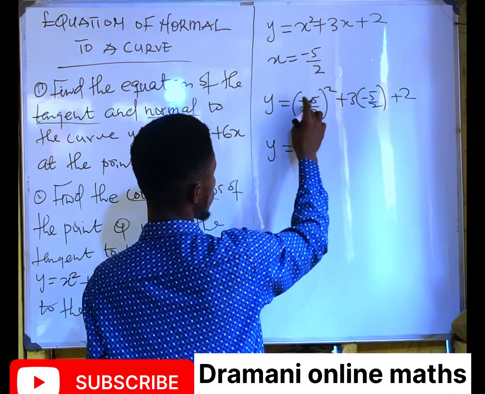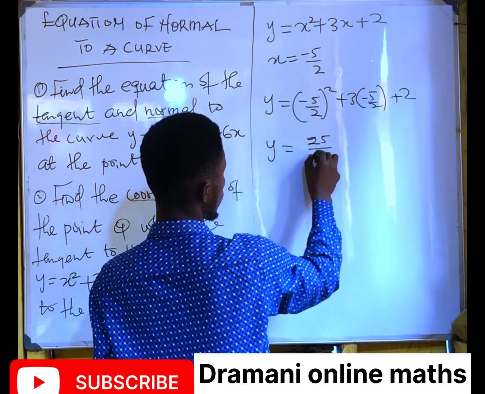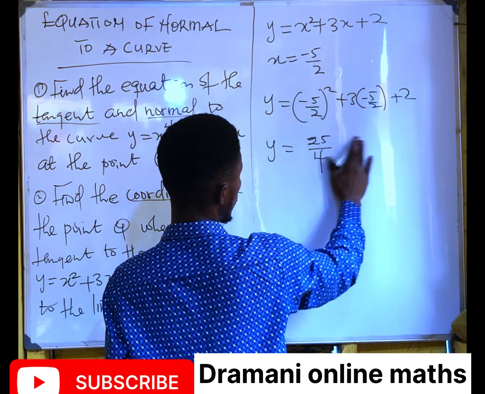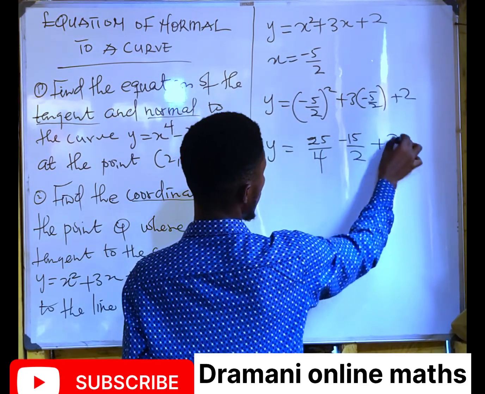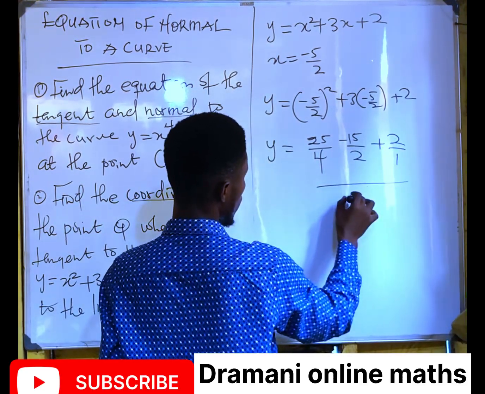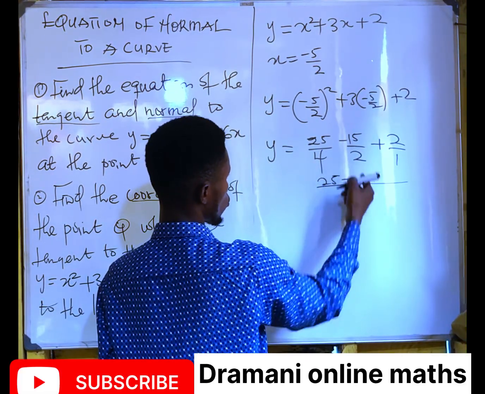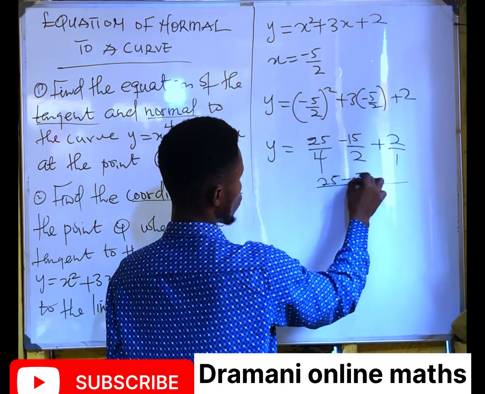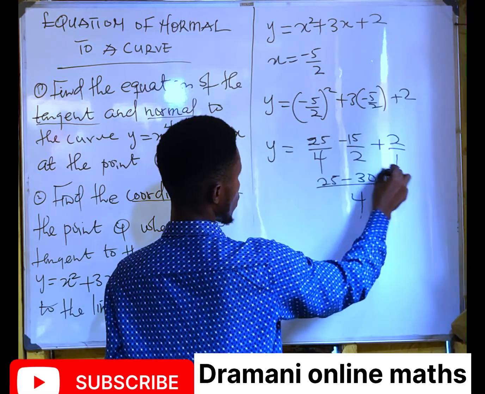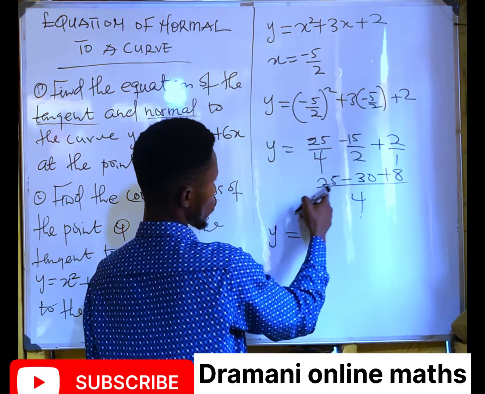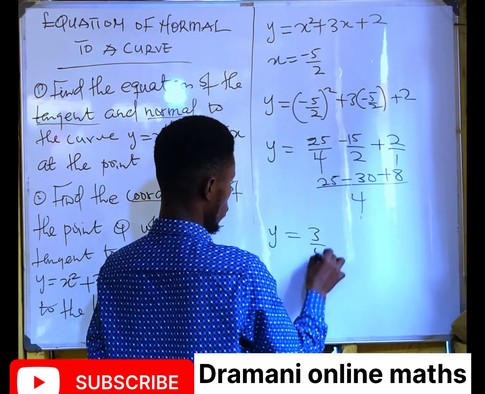So y will be equal to negative 5 squared, which will be positive 25, over 2 squared, which is 4, plus 3 times negative 5, which will be negative 15, over 2, plus 2. Let's find the LCM here. That will be 4. 4 going into 4 is 1, times 25 is 25, minus 2 going into 4 is 2, 2 times 15 is 30, plus 1 going into 4 is 4, 4 times 2 is 8. So my y now becomes 25 minus 30, which is negative 5, plus 8, which is 3 over 4.